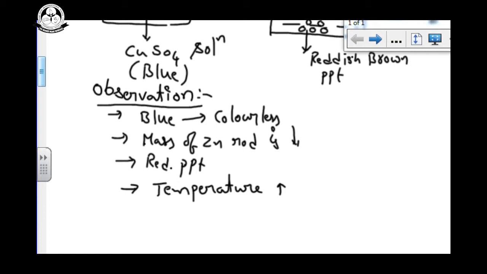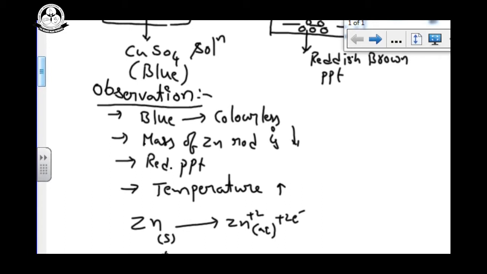Here we have to observe what chemical reactions are done. The mass of the zinc rod decreases, which means zinc is dissolved. Zinc solid becomes zinc ions. The zinc rod dissolves, and copper appears.